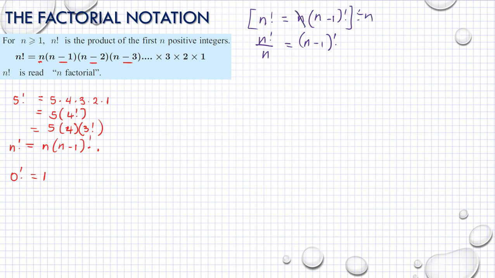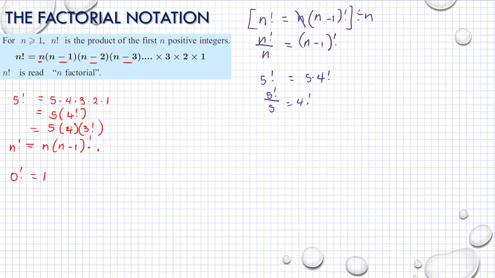So for example, I will start with 5. 5 factorial is equal to 5 multiplied by 4 factorial. That means 5 factorial divided by 5 is equal to 4 factorial.